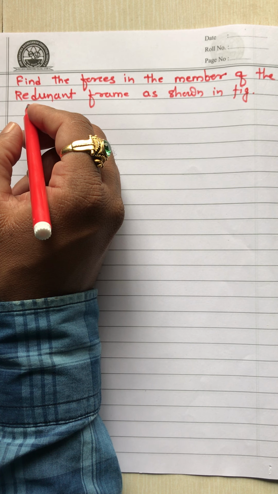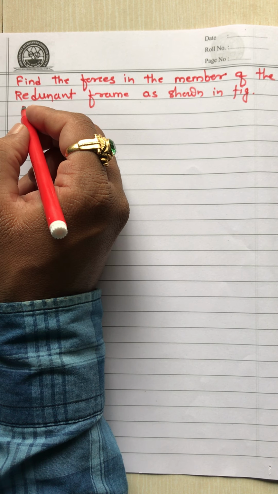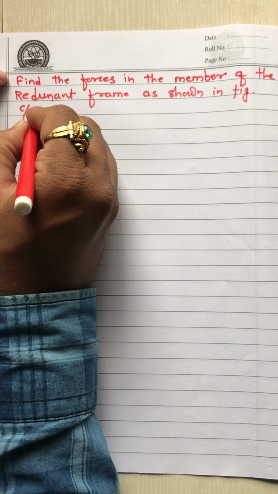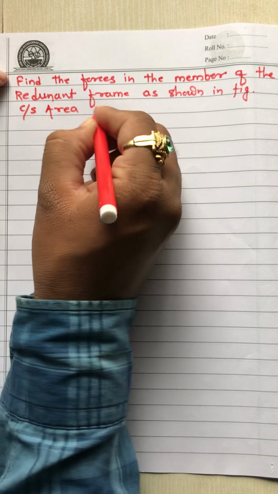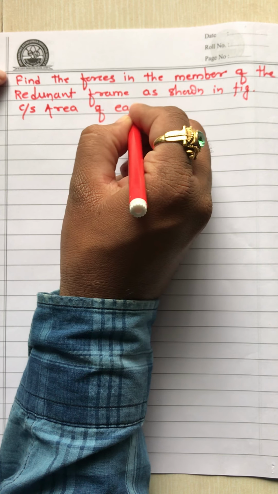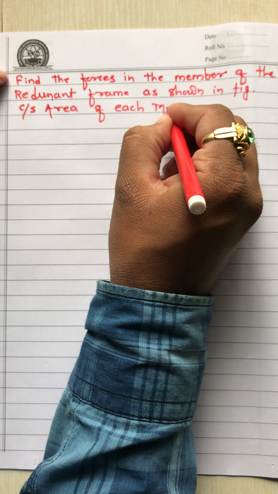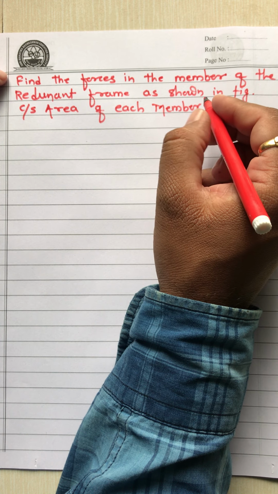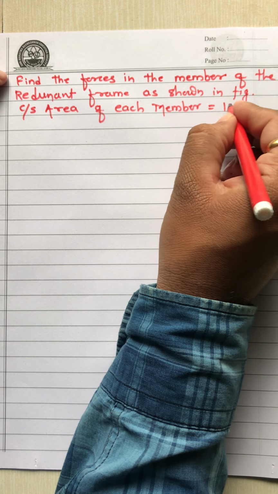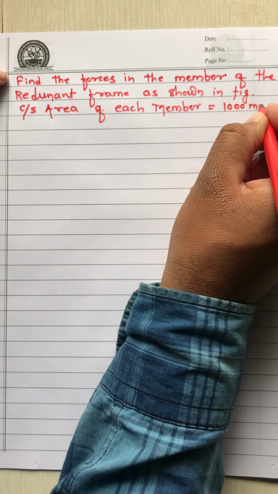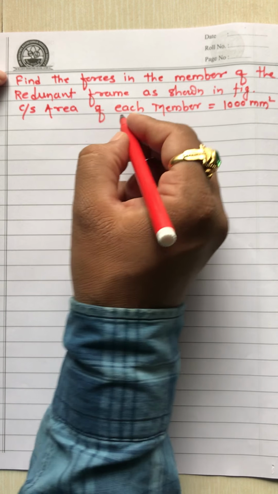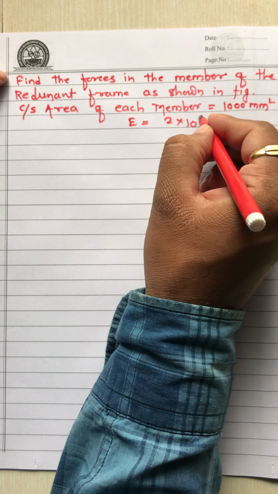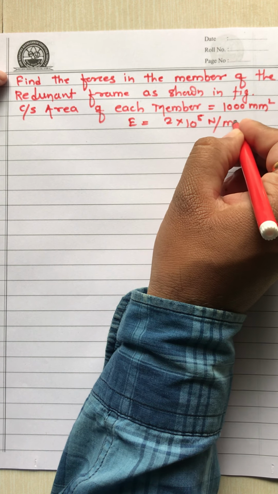Under the action of forces as shown in figure, the cross-sectional area of each member is equal to 1000 mm square, and E equals 2 into 10 raised to 5 Newton per mm square.